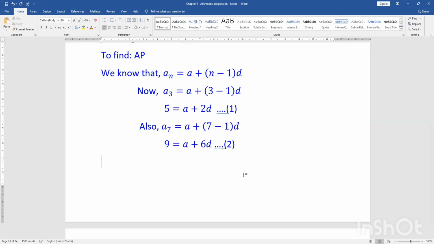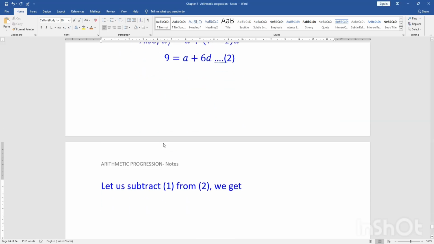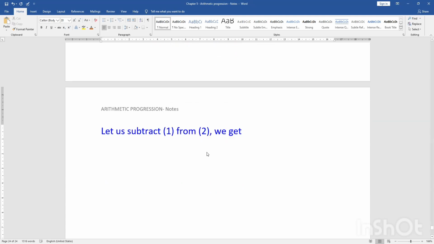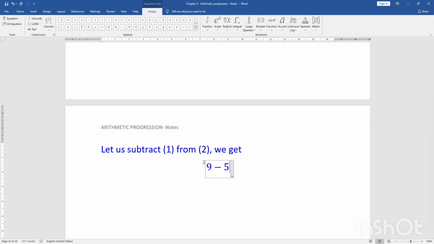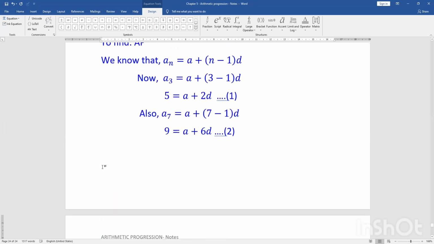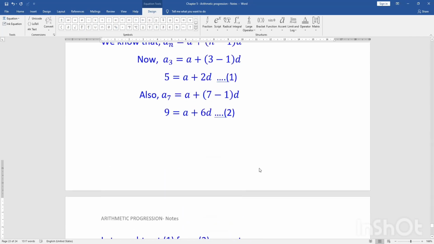And then let us subtract 1 from 2. When you do the subtraction, what happens on the LHS? LHS will be 9 minus 5. And on the RHS, it will be A plus 6D minus (A plus 2D).